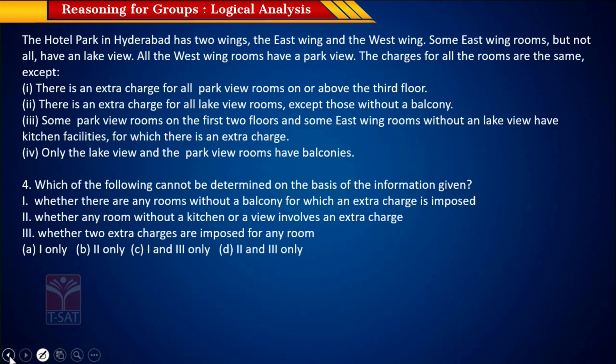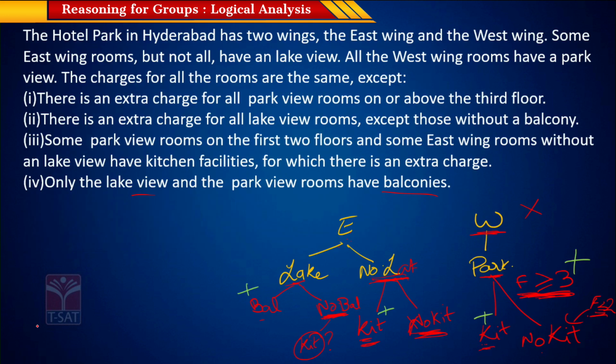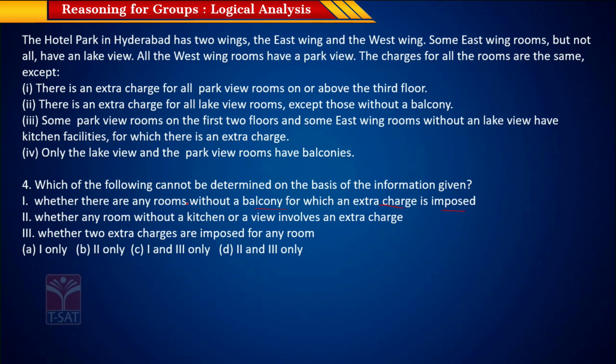Can we say for sure? Here, when there is no lake view, we do not know whether they have a balcony. In the first two floors, if there is no kitchen, there will be no charge. So they could have a balcony and they could not have a balcony. So there's not a definite answer for that. We cannot say for sure if there are any rooms without a balcony for which this charge is imposed.